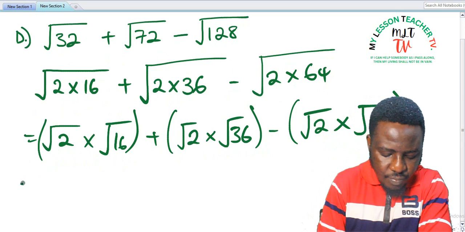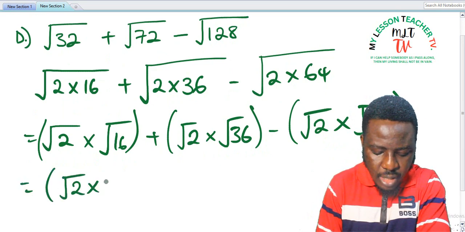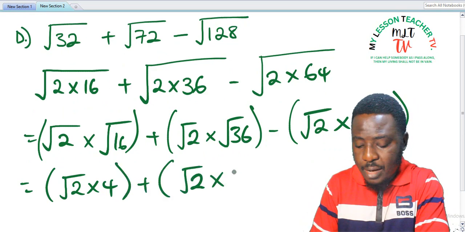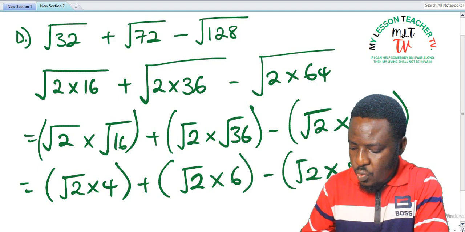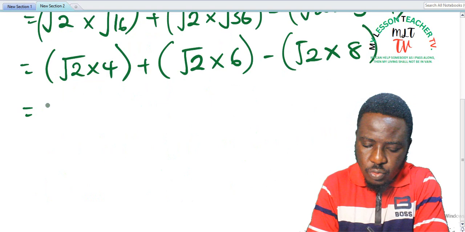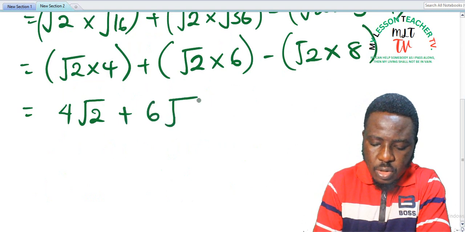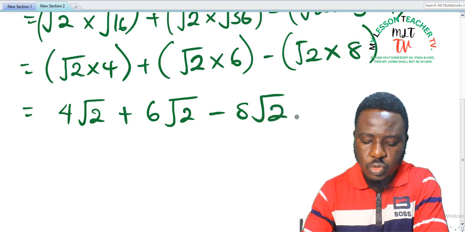So when you simplify, this gives us root 2 times 4 plus root 2 times 6 minus root 2 times 8. When you collect like terms, or simplify before you do that, this gives us 4 root 2 plus 6 root 2 minus 8 root 2.